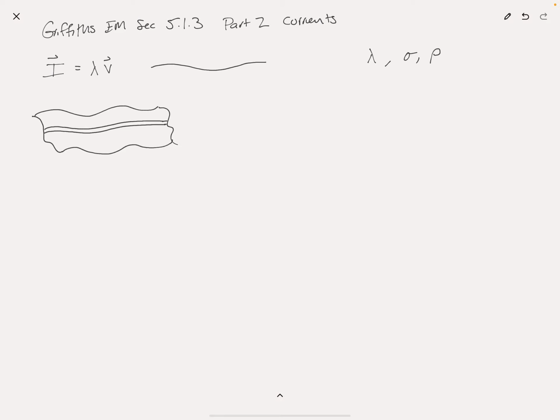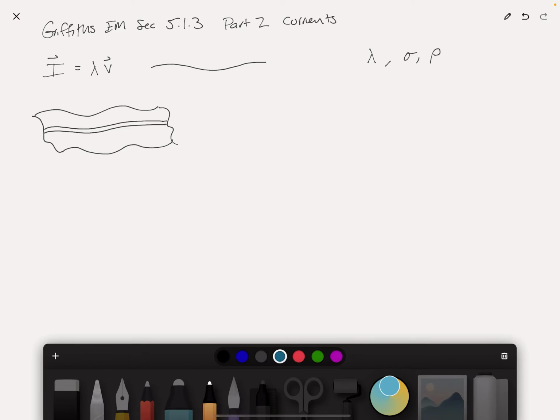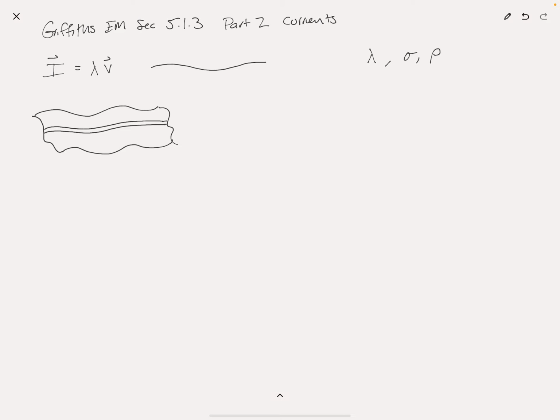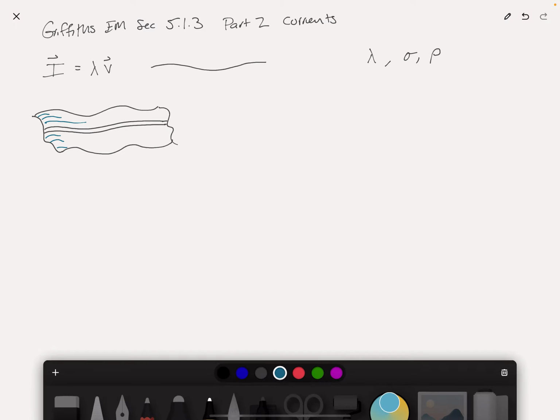To find the total current, I would take that ribbon and look at other similar ribbons next to it.